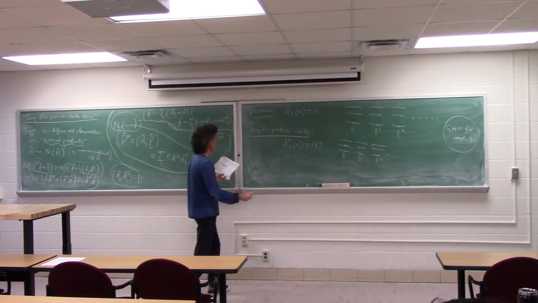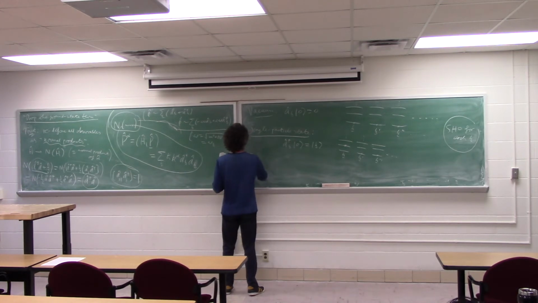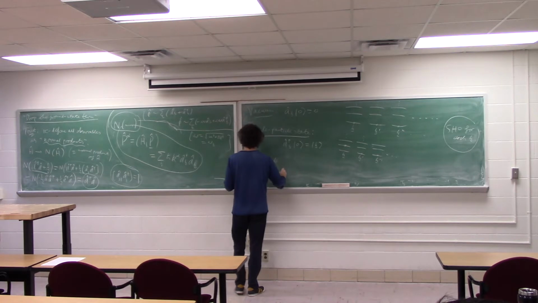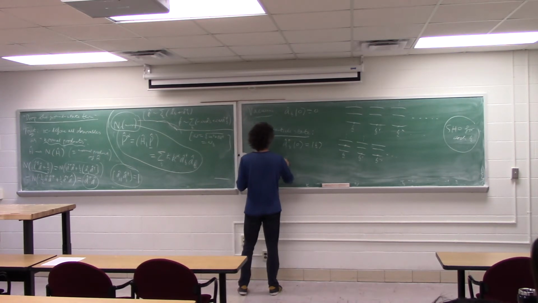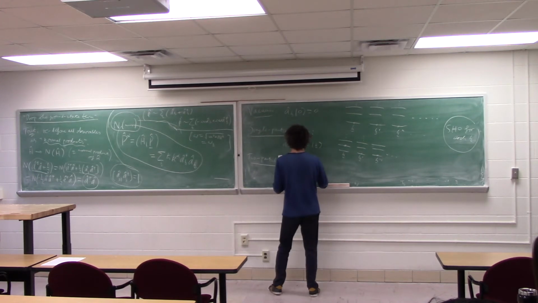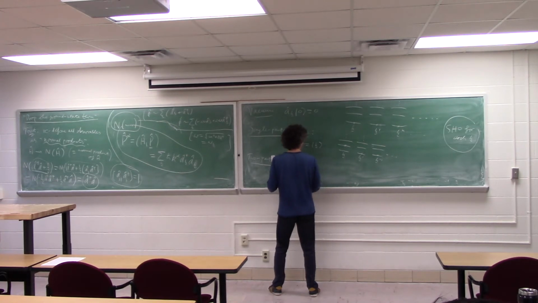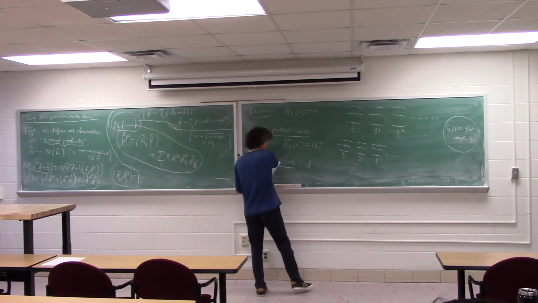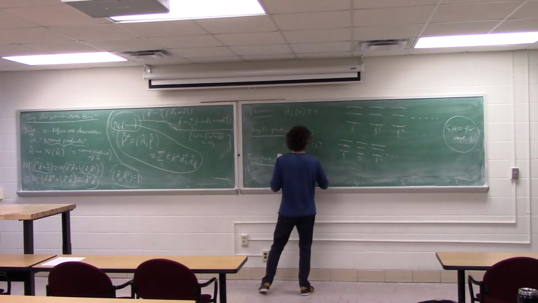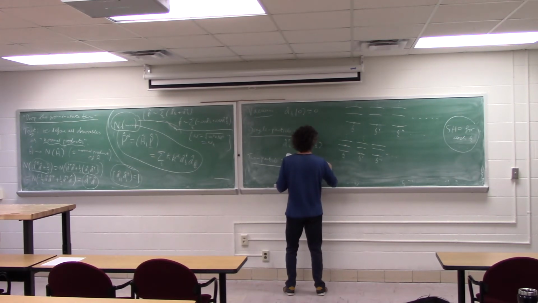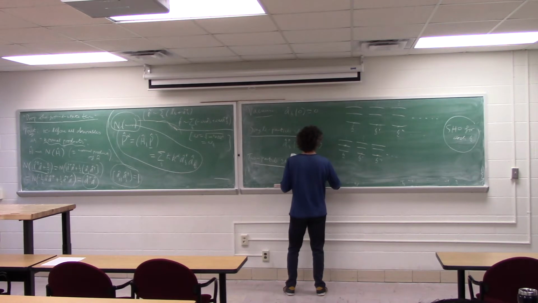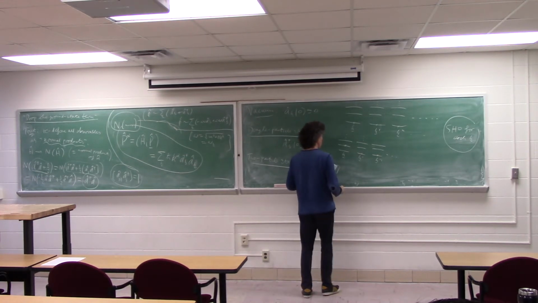I could also have a two-particle state, where I have a hat dagger k, a hat dagger k prime, acting on the vacuum.